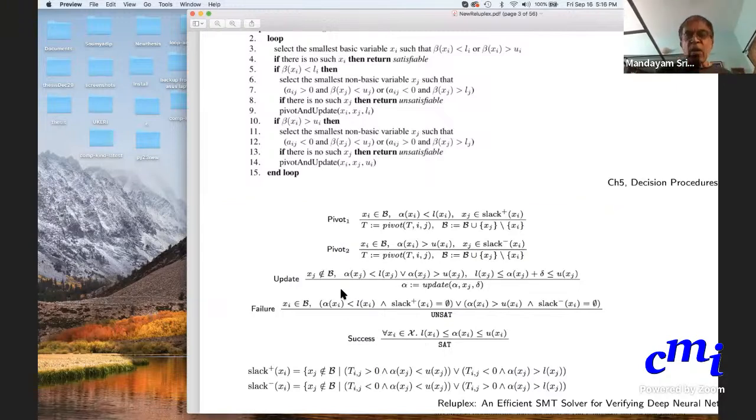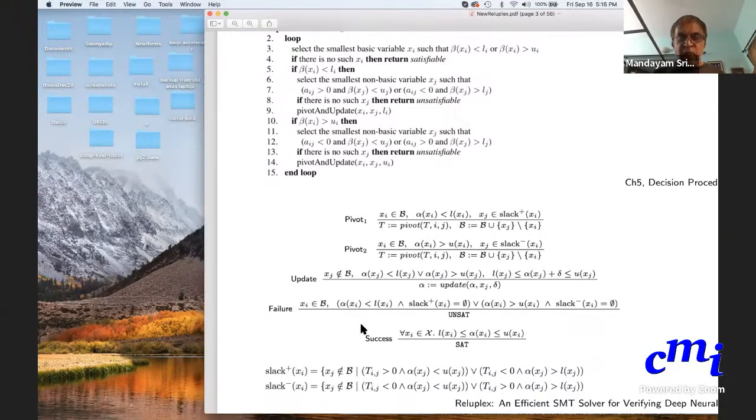So that's how it is. And of course, there is a separate inference rule for determining the failure and the success. You succeed and exit the procedure with a success using this inference rule if every variable, both in the non-basic set and basic set, is within its bounds. Then you declare it to be SAT.